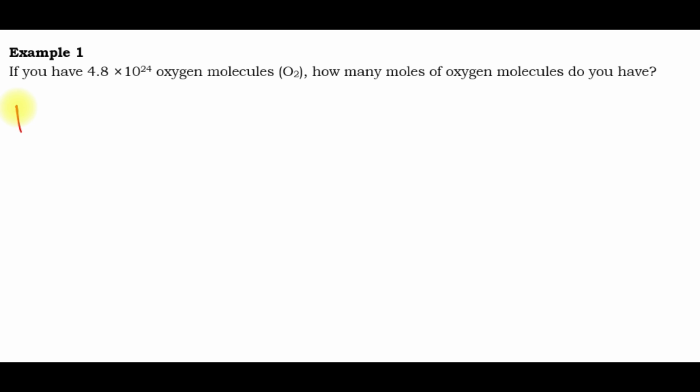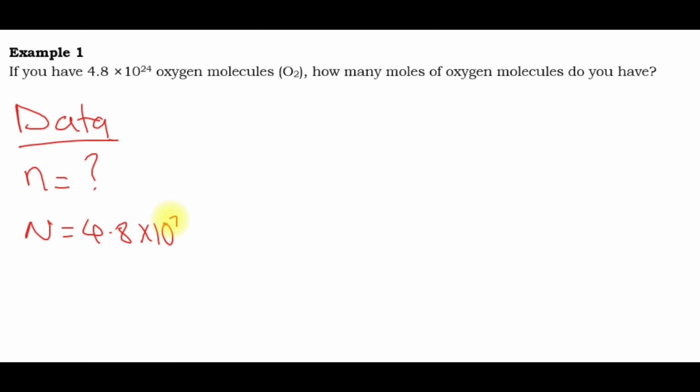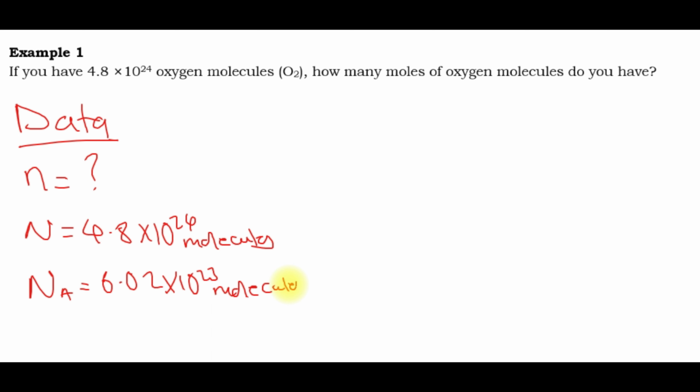Okay, let's answer this question. Data, number of moles, unknown. Number of particles, we have 4.8 by 10 to the power 24 molecules. The Avogadro's number, we have 6.02 by 10 to the power 23 molecules per mole.